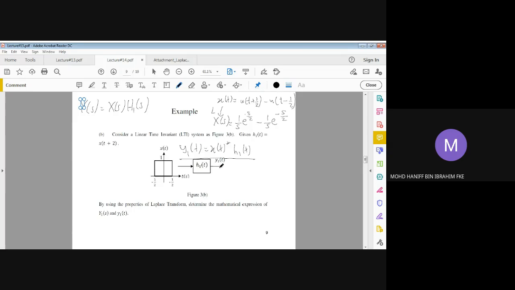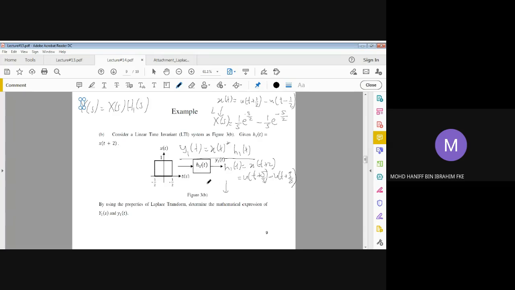Whereas for h1(t), we know from the equations given that h1(t) equals x(t + 2). So h1(t) can be written as u(t + 5/2) minus u(t + 3/2).